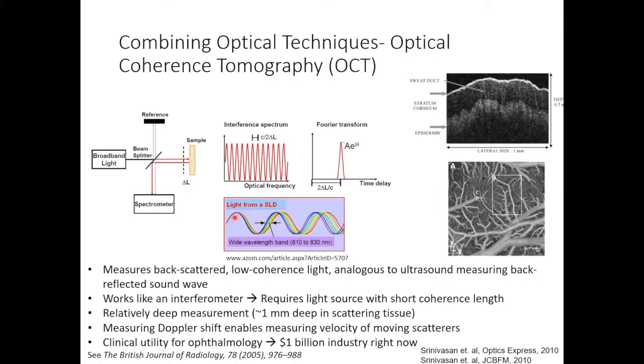Yet another technology that's made tremendous inroads into the clinic is optical coherence tomography, which also takes advantage of the concept of interference and interferometry, using what I call the low coherence light source and illuminating a sample such as brain tissue, as done here, or even the retina. It operates on a very similar principle as ultrasound.